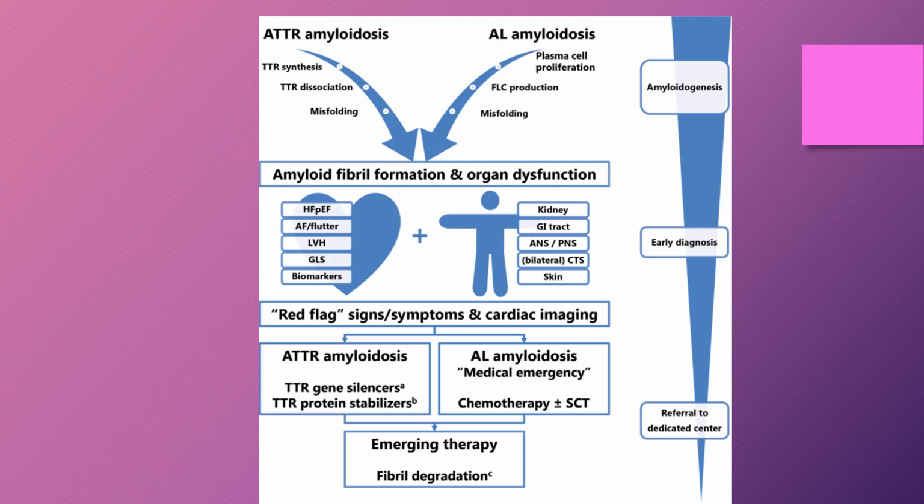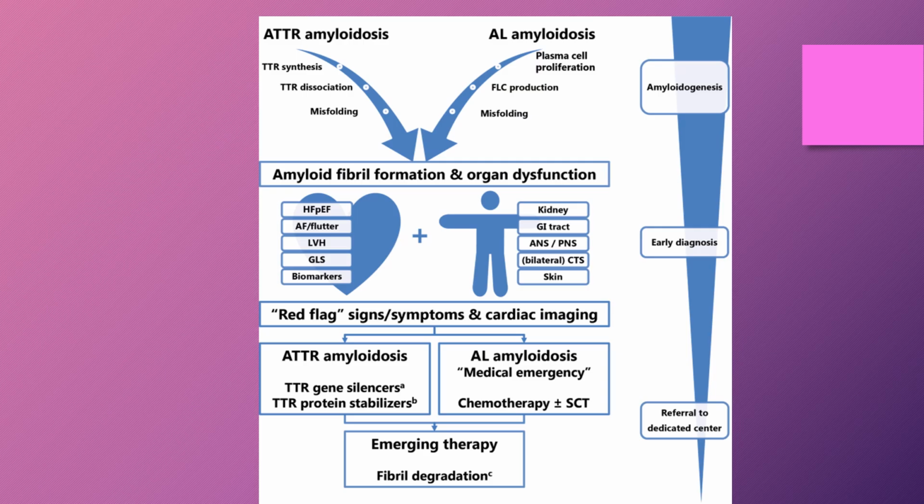People will get left ventricular hypertrophy, atrial fibrillation, and atrial flutter. But the people with AL amyloidosis are the ones that tend to get more problems with their nervous system, the GI tract, their kidneys. And there are a couple red flag signs and symptoms for cardiac imaging.